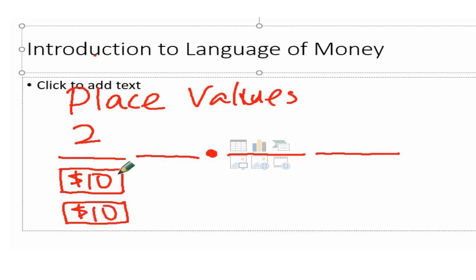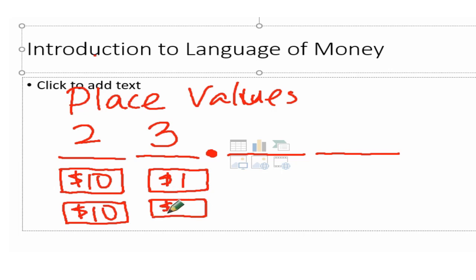So just remember, the first place, 2 places to the left of the decimal point, is the tens place, and that tells you how many $10 bills you have. And then the second place right here, we call it the ones place, and what we're representing is a dollar.